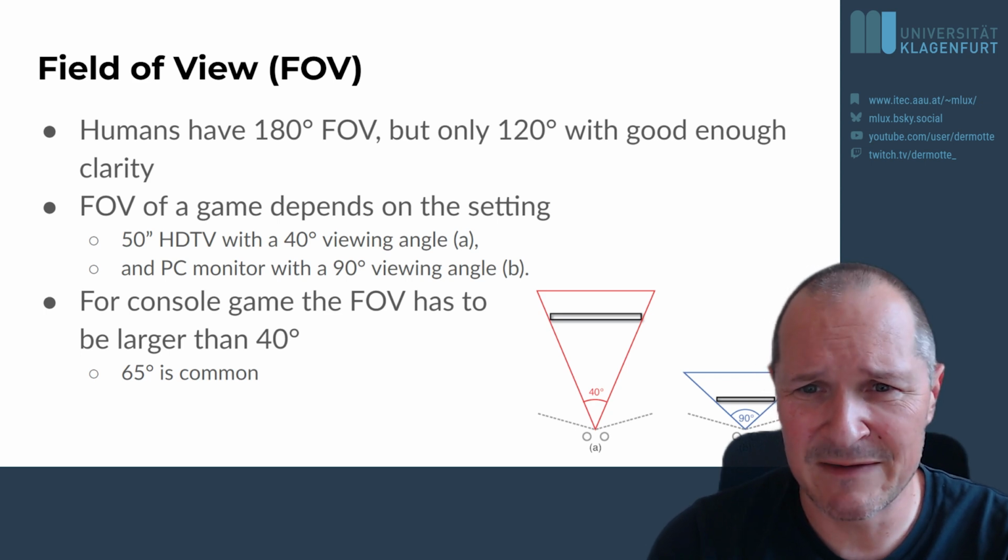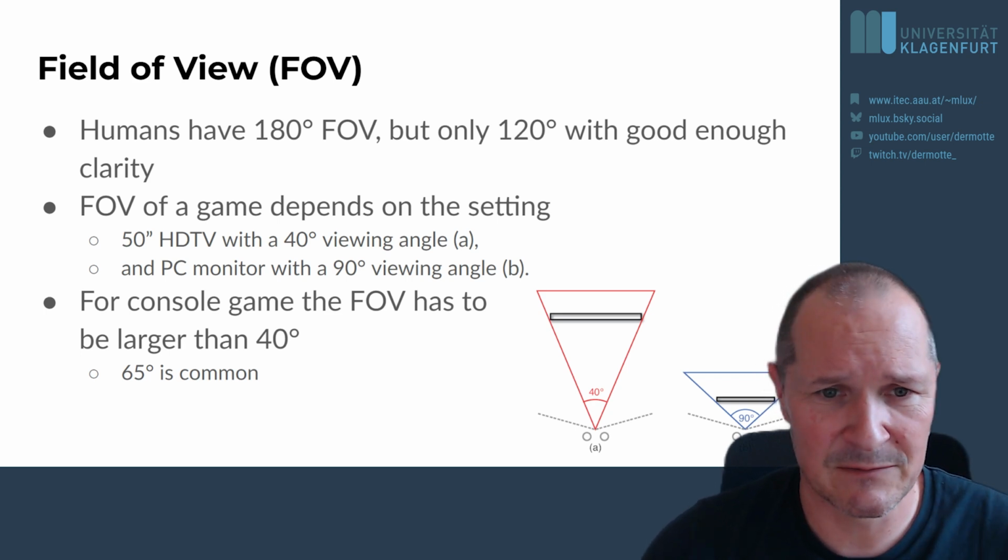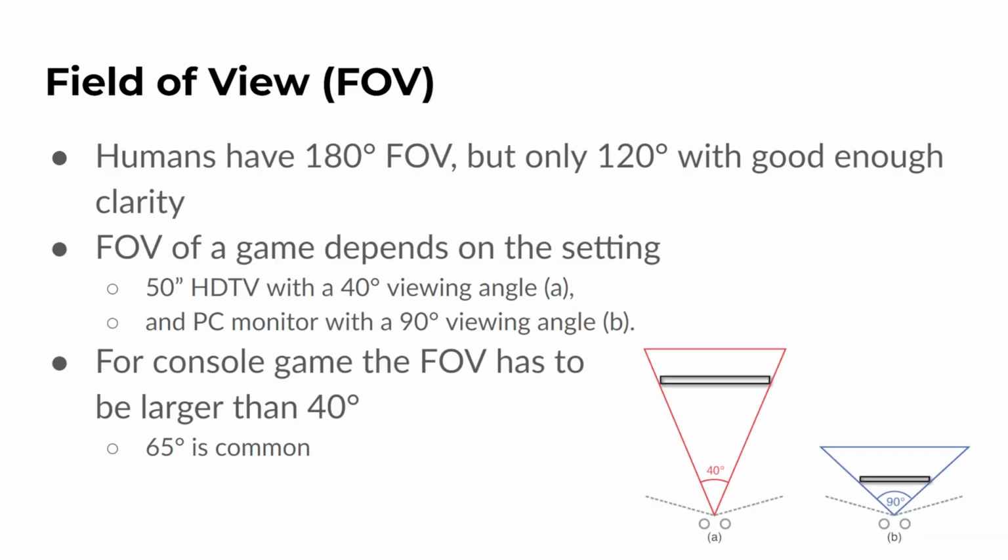Field of view is depending on the setting. So if I go forward, humans have 180 field of view. And if you're sitting in front of a monitor or a TV set, then the TV set or the monitor takes a part of your viewing section into account. If you're farther away, like from a TV set, then it takes 40 degrees, for instance.